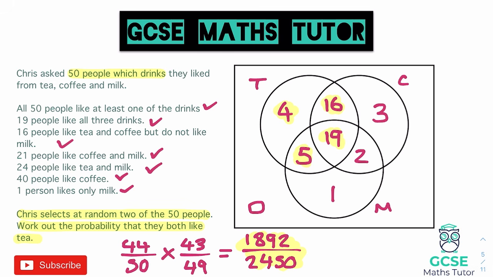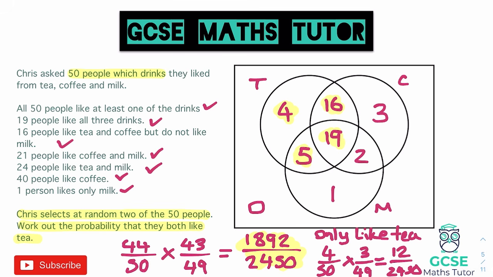If it said 2 people that only like tea, it would have been a lot nicer as our fraction, because there are only 4 people that only like tea out of 50, and then once we take one of those out, there would only be 3 people, and again that would be out of 49. So it just means that our top number would have been 12, 4 times 3, and our bottom number would have still been 2,450.